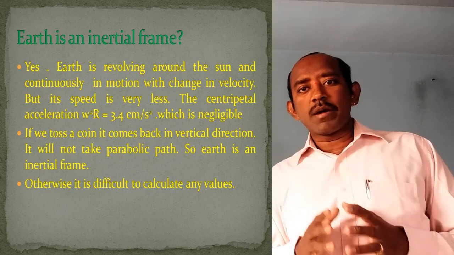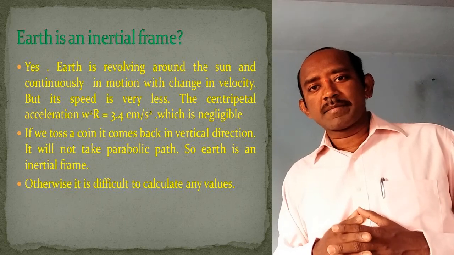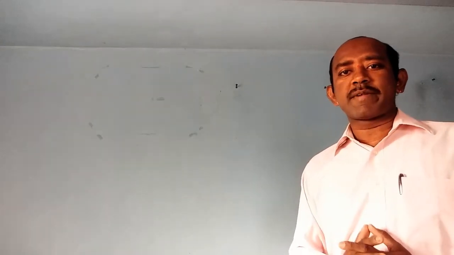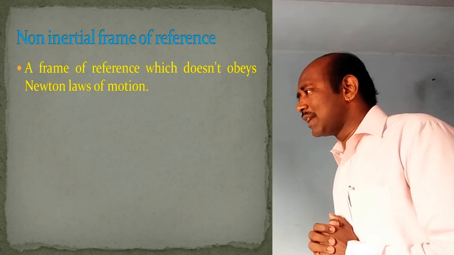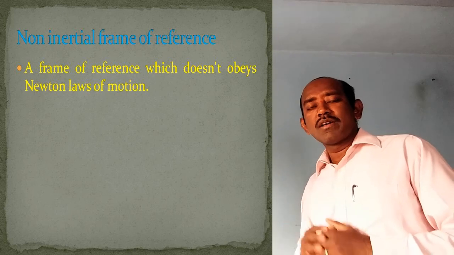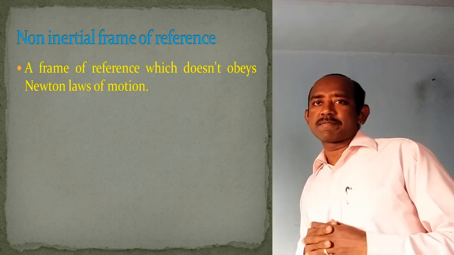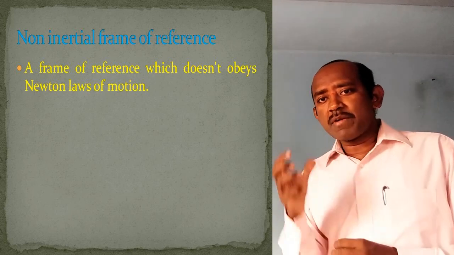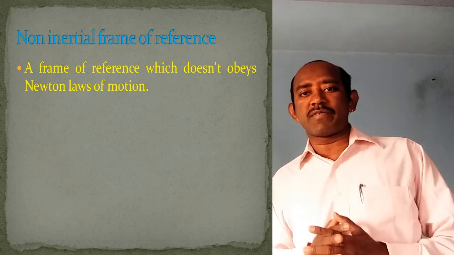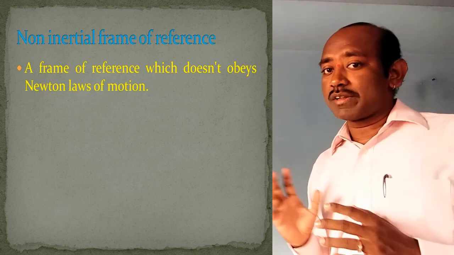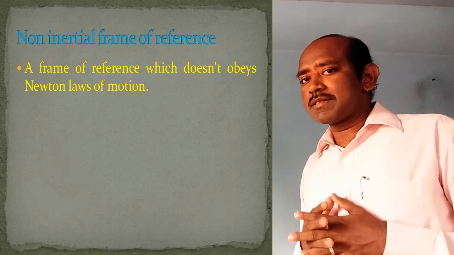Now we have to study the non-inertial frame of reference. What is a non-inertial frame of reference? A frame of reference which does not obey Newton's laws of motion is called a non-inertial frame of reference. Here, a frame of reference which undergoes an acceleration with respect to the inertial frame is called a non-inertial frame. What does it mean?